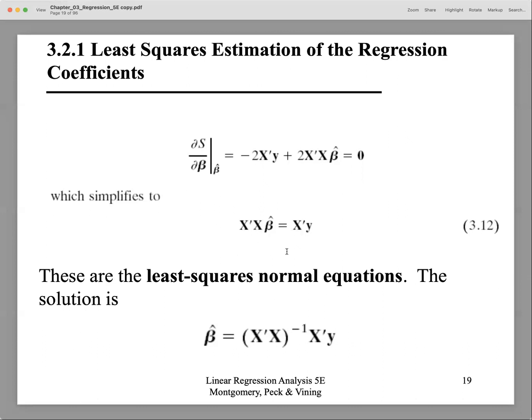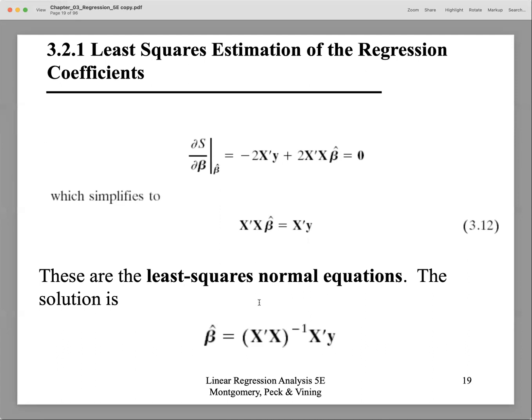And so we can say then that the least squares estimator of beta, which is beta hat, has to satisfy this vector equation. We could do some mathematics on this, or you may just be able to look at this and realize that a solution, and in fact the unique solution to this equation, is when beta hat is equal to the inverse of x prime x times x prime y.